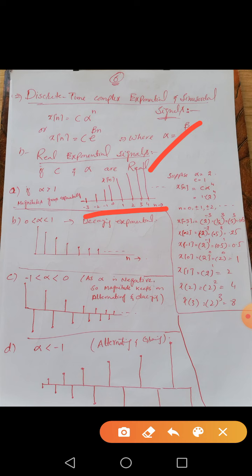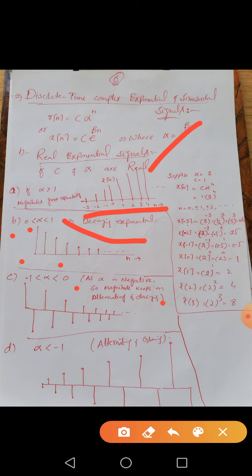Now suppose the value of alpha is greater than 0 and less than 1, such as 0.5, 0.25, 0.3, 0.7, 0.8, 0.9, 0.95. Then it will be a decaying exponential. Now if alpha is greater than minus 1 and less than 0, that is alpha is negative, the signal keeps alternating and decaying.